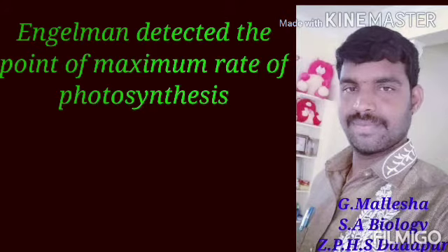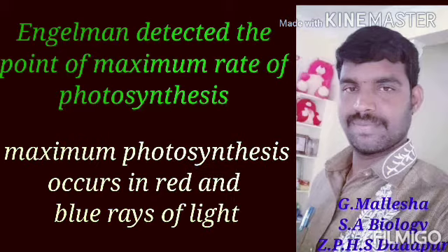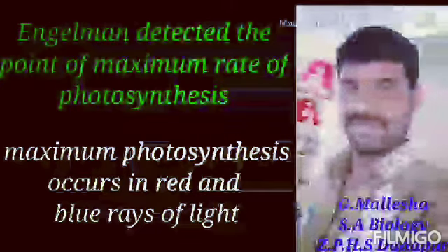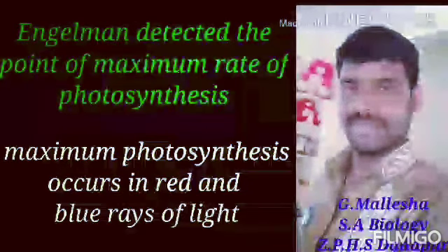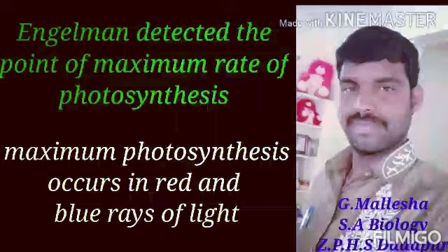After that, Engelmann, in the early 20th century, detected the maximum point of photosynthesis. He used a strand of algae and exposed it to different colors of light, the colors that we see in the rainbow. Then he used oxygen-sensitive bacteria and found that they crowd around the areas illuminated with red and blue rays.